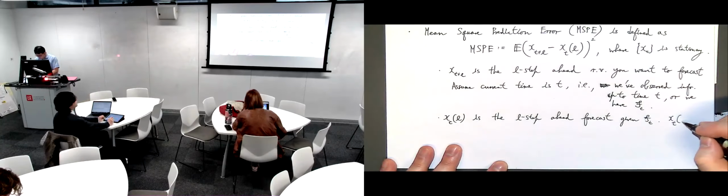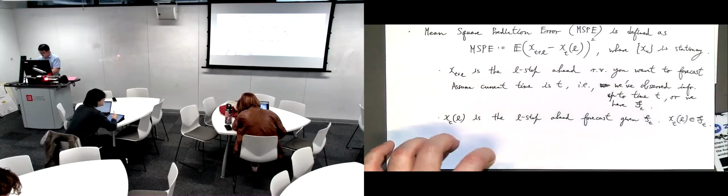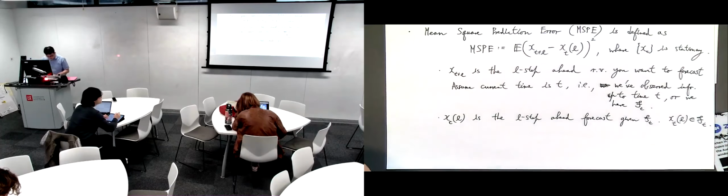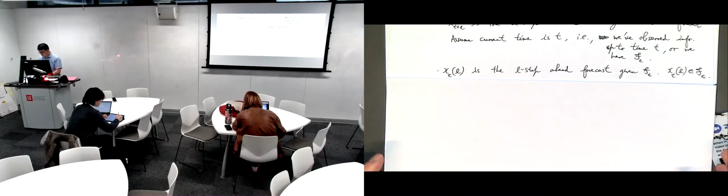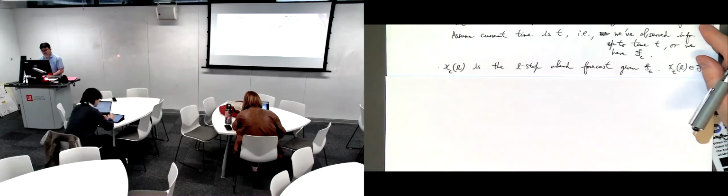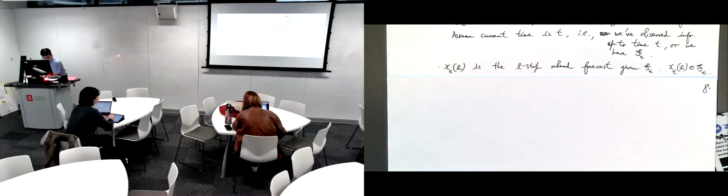So of course, by definition, X_t bracket L is something contained in the information up to time t. That's the setup, so we have a measure of what a good estimator for X_{t+L} is for an L step ahead forecast.